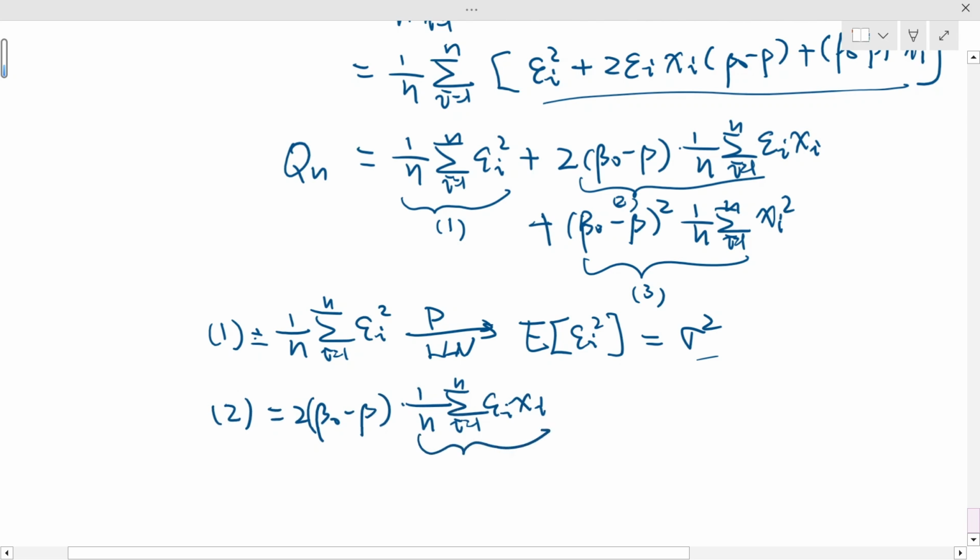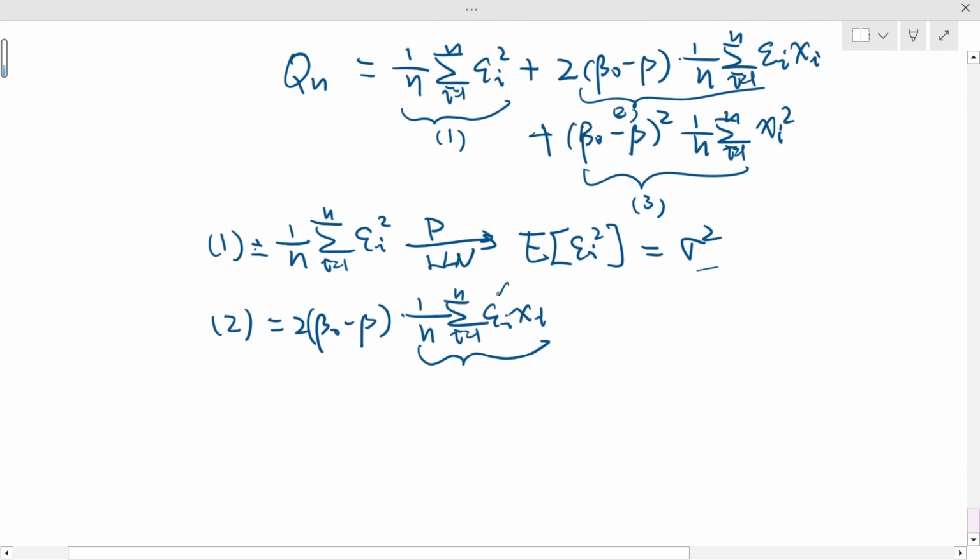Second term. Again, this is an average of random variables; epsilon i times xi is a random variable. By the law of large numbers, it converges in probability to its mean.